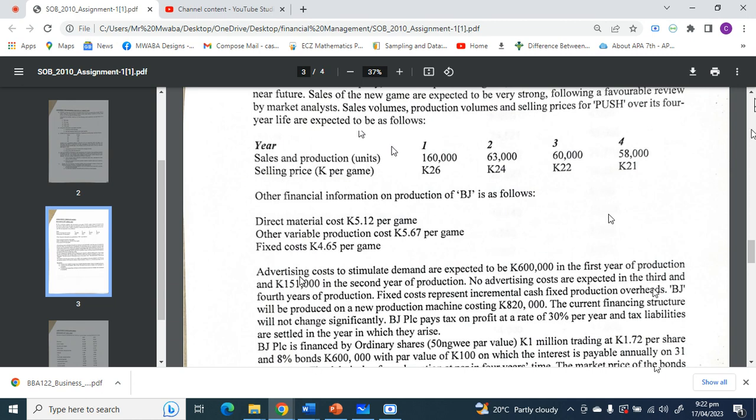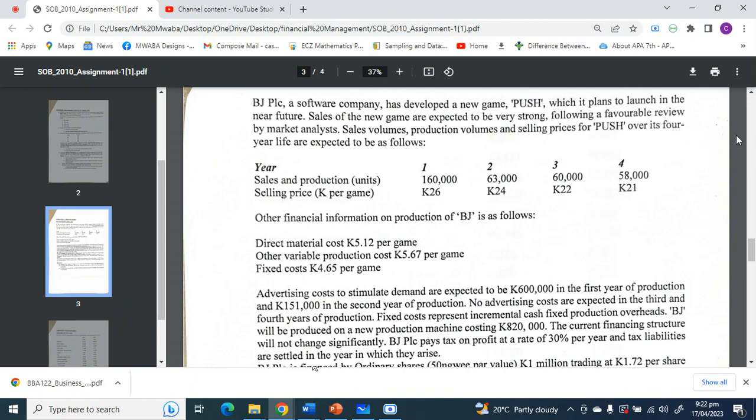Here, the story is that this company wants to buy equipment costing 820,000 so that it can produce a new game called Push. We forecast in year one 160,000 units, year two 63,000 units, year three 60,000 units, and year four 58,000 units.